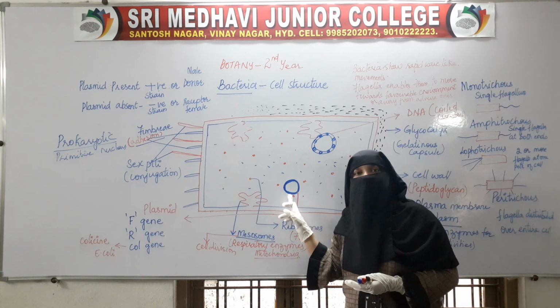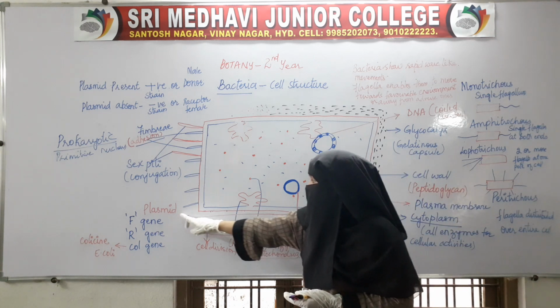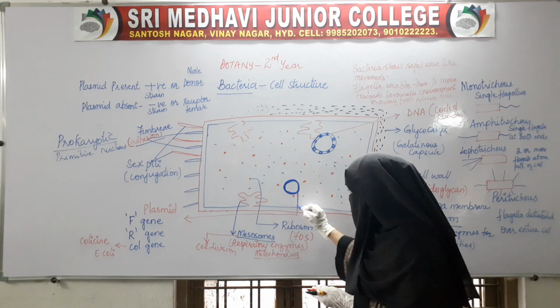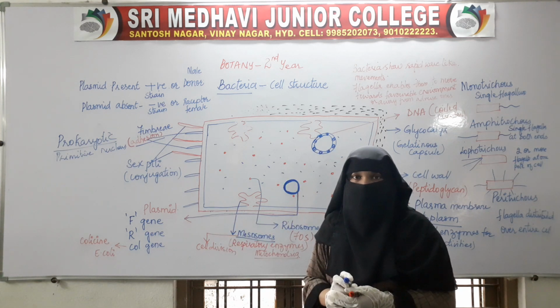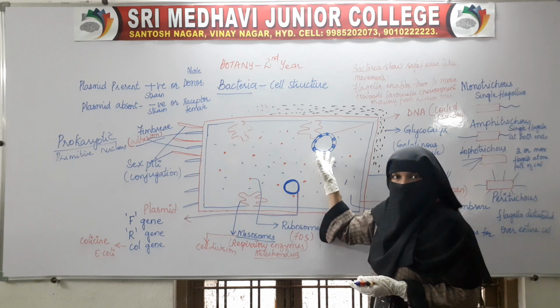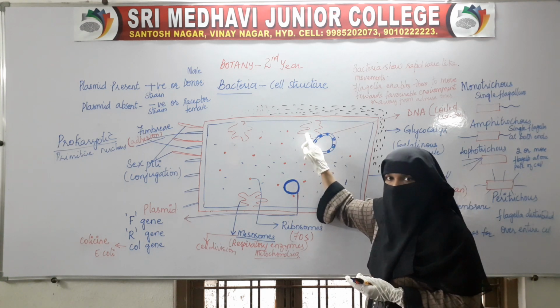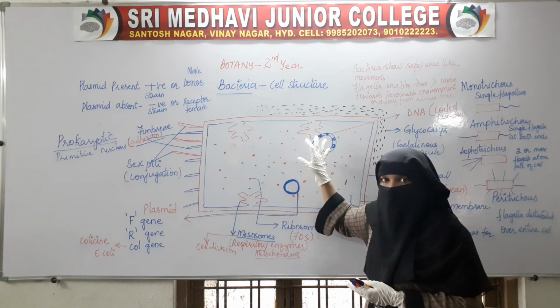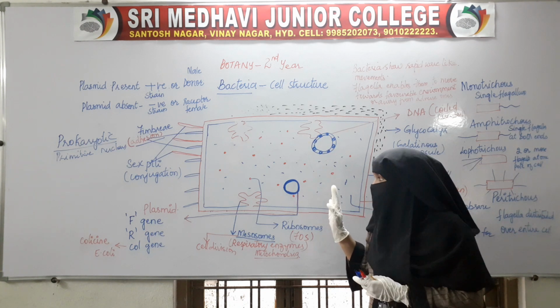This extra DNA is called plasmid. The one circular structure in the middle or attached to the mesosomes, a single copy of circular DNA, will be present in all bacteria.